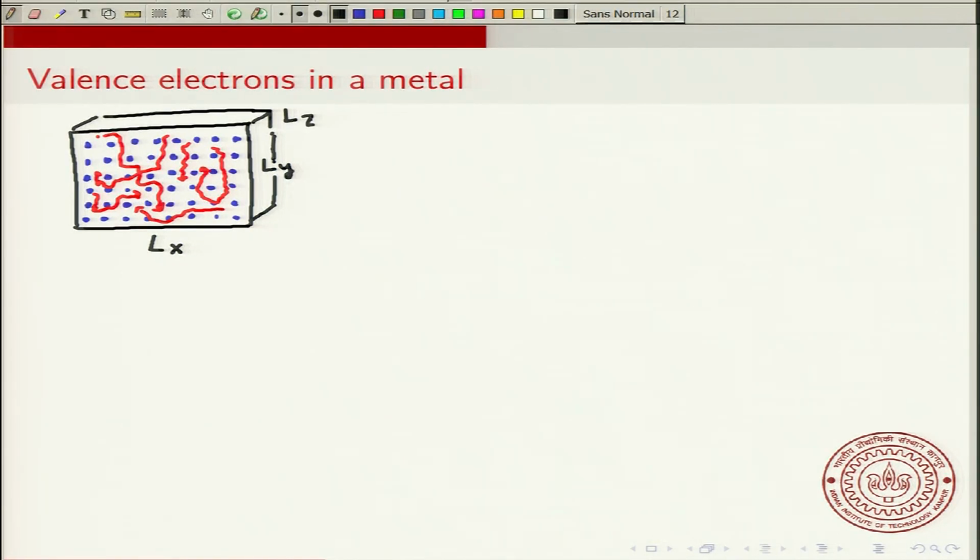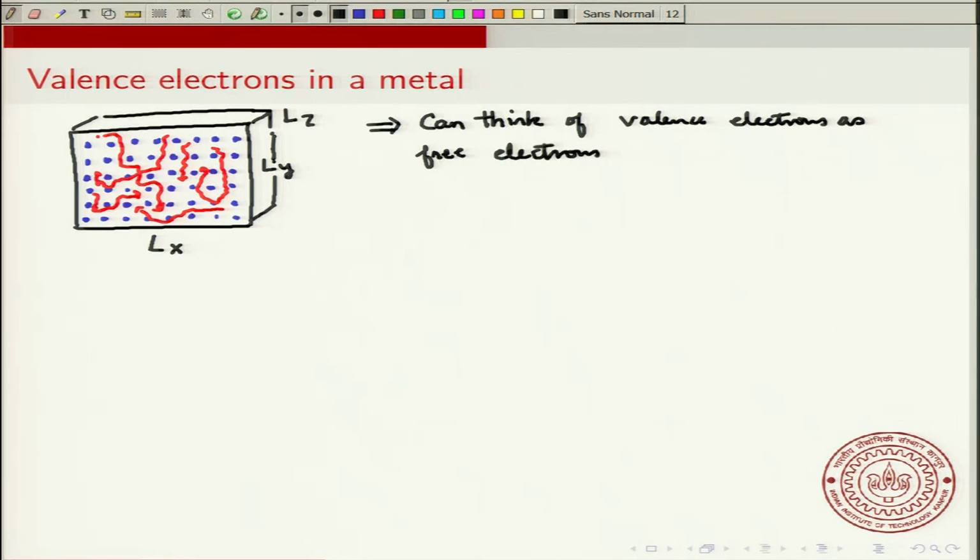then the basic idea is you can think of valence electrons as free electrons, and I am using the term free in a slightly different context here.